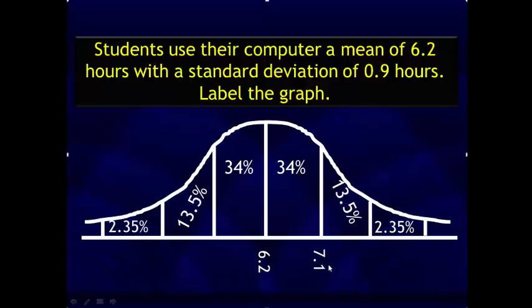Plus 0.9, that becomes 8. And plus 0.9, that is 8.9. On the other hand, from 6.2 less 0.9 hours, that is 1 standard deviation below the mean, is 5.3. And so with 2 standard deviations from the mean, 4.4, and 3 standard deviations below the mean is 3.5.